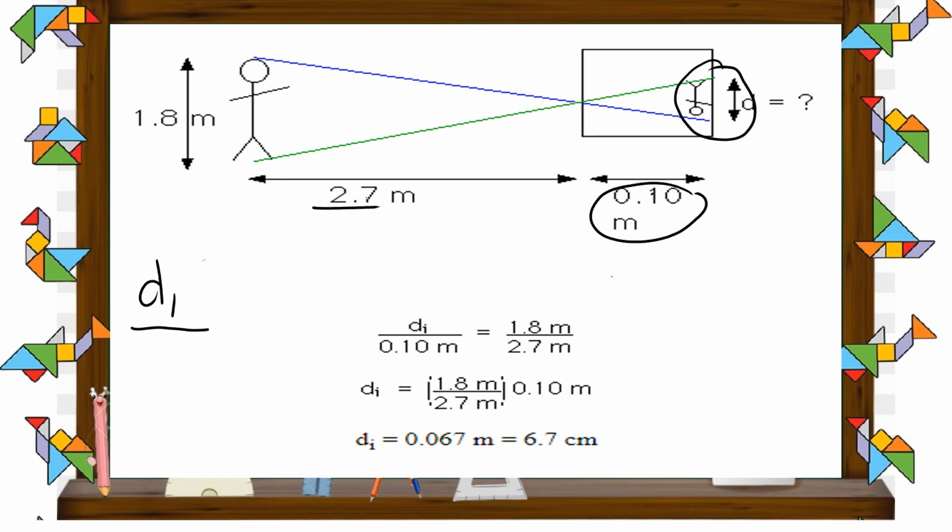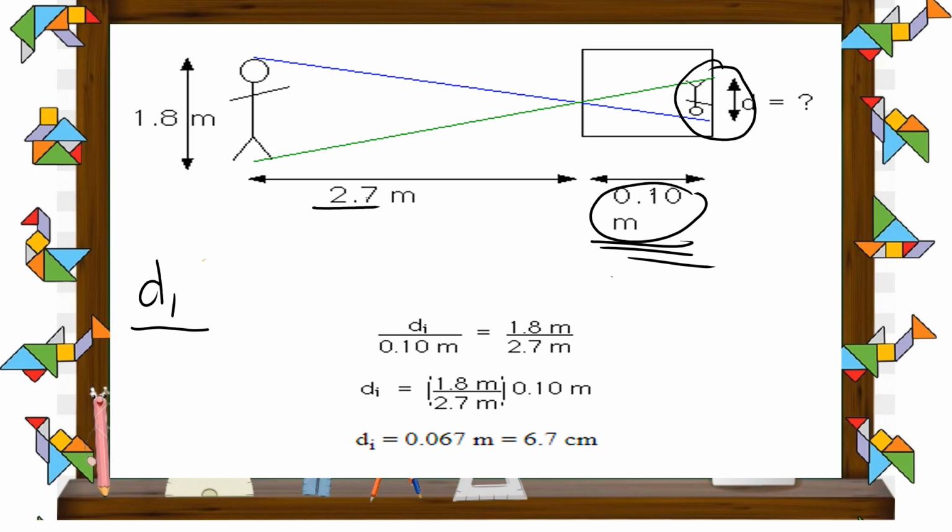So, you have to make sure first that they are given with the same unit of measurement. So, you have to convert it first to meter or both to millimeter so that you will be able to find the answer. So, d sub 1 over the given length, so this one, its distance from the rear camera.